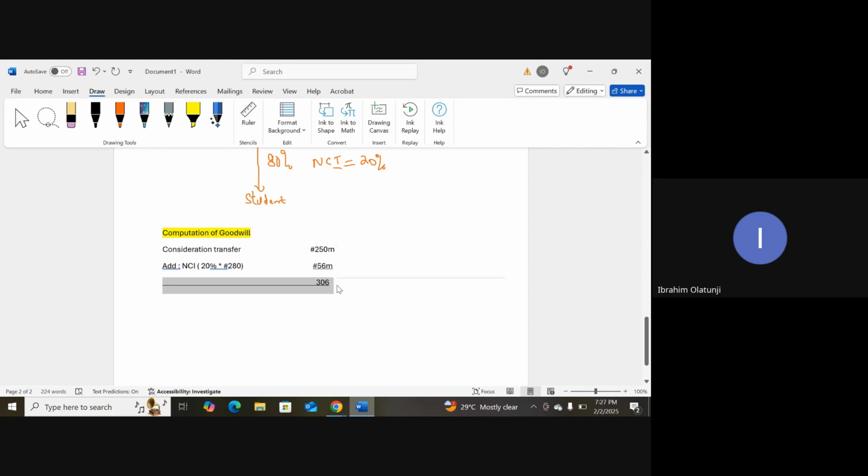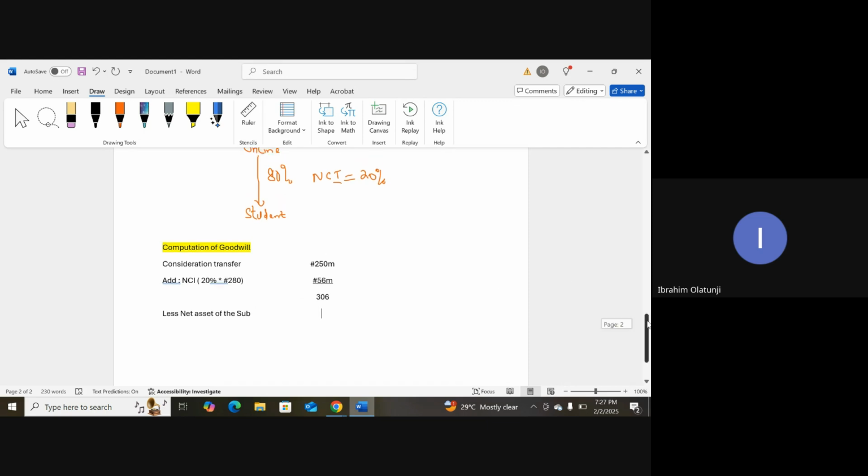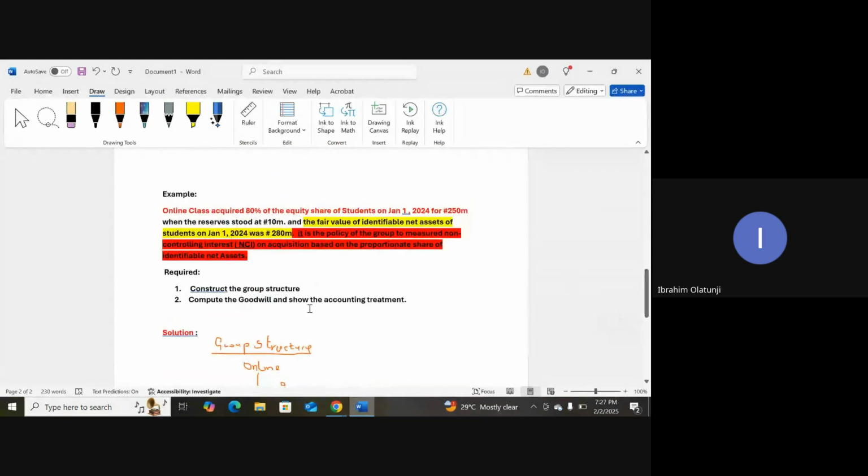Now, when you have 306, you can come here and say less the net asset of the subsidiary. So let's go to the question. What is the net asset of the subsidiary? 280, right?